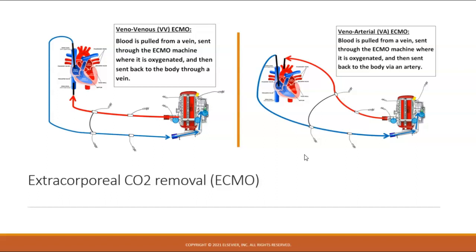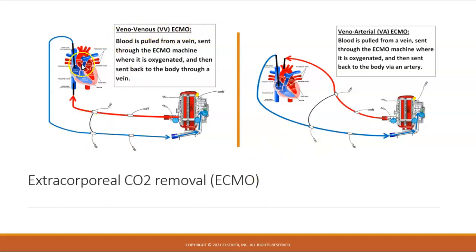So there are some other lung protective strategies out there. When patients are really, really bad, they will just remove the lungs and the heart from the equation and do something called ECMO, which is extracorporeal CO2 removal. There's a whole chapter in your Egan's book, but we're not going to go that deep into it this semester. It's looking at taking the blood out of the body.